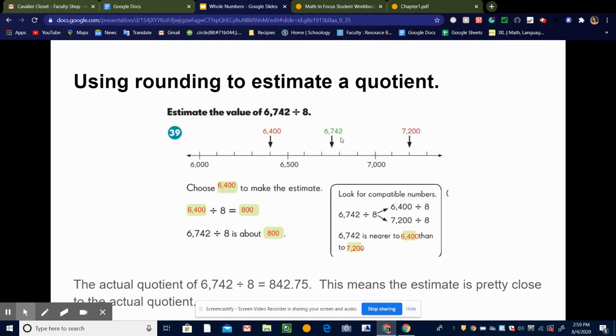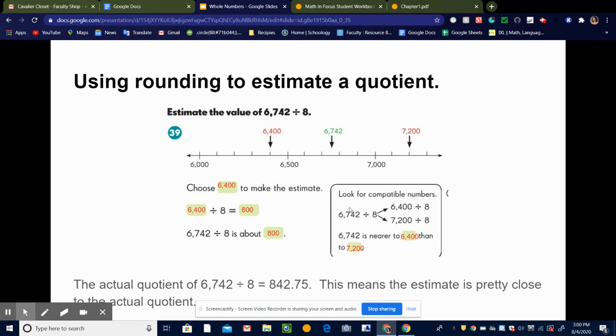6,742. Or I could go on the other end and I could say, all right, 8 times 9 would be 7,200. I can do that in my head. So here I've got two numbers that are pretty close on either side, and they're both divisible by 8, which is going to make it easier for me to work with in my head.